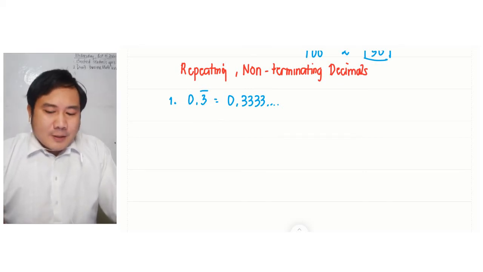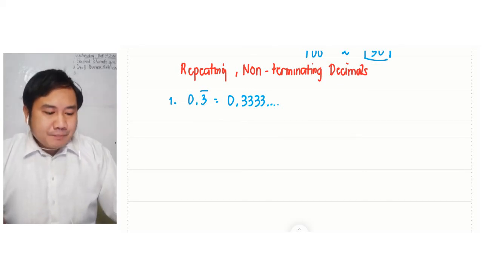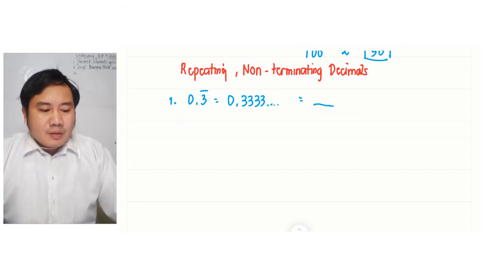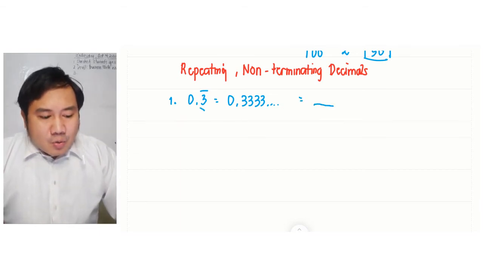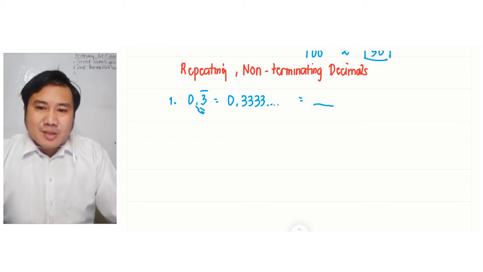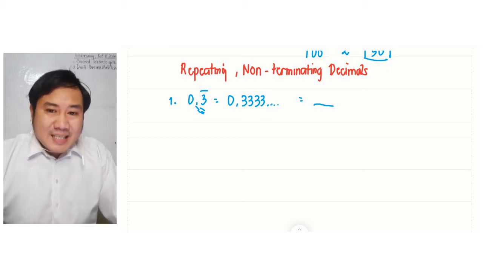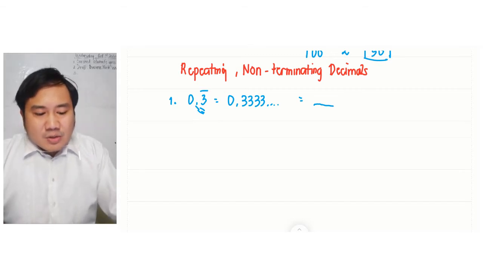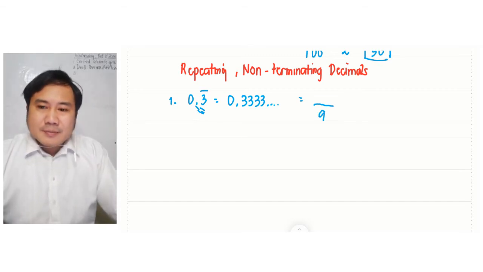Okay, ganito yan. So, una, please take note kung ilang digit yung nauulit. Okay? In 0.3333, isang digit lang yung nauulit, and that is 3. So, every number of digits na nauulit will correspond to the number of nines na ilalagay natin sa denominator. Isa lang yung 3, so isa lang yung 9 na ilalagay.